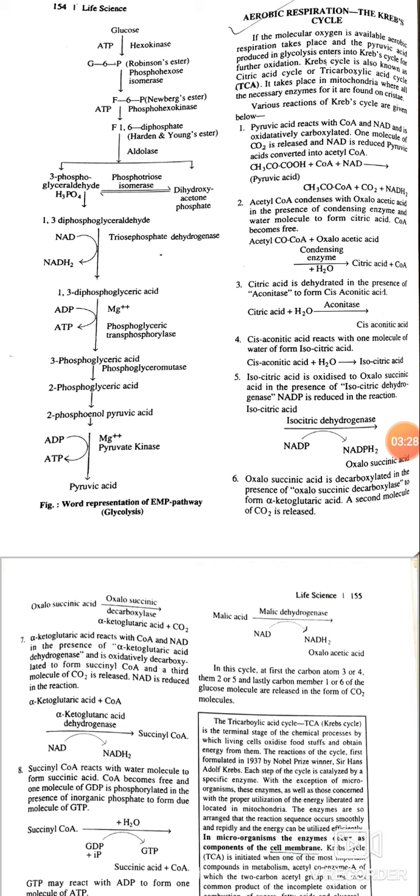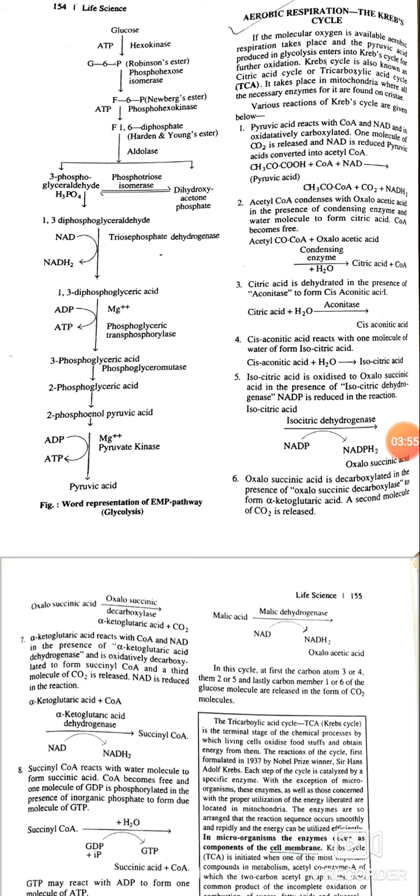Next step, oxalosuccinic acid is decarboxylated in the presence of oxalosuccinic decarboxylase to form alpha ketoglutaric acid. A second molecule of CO2 is released here.